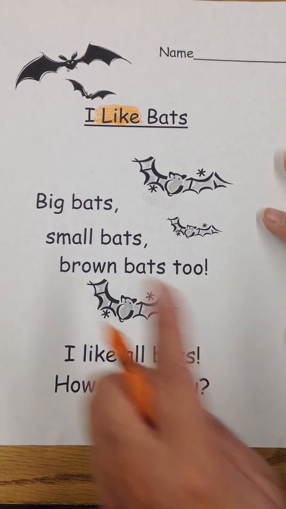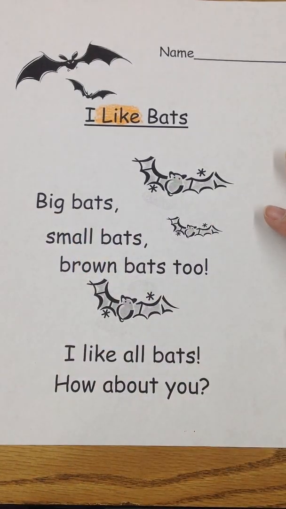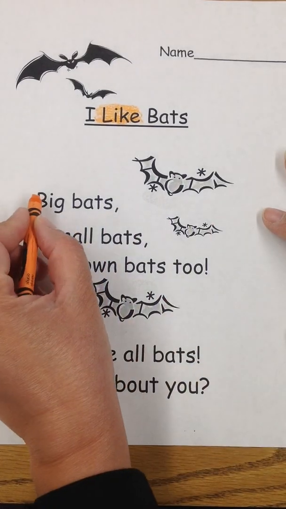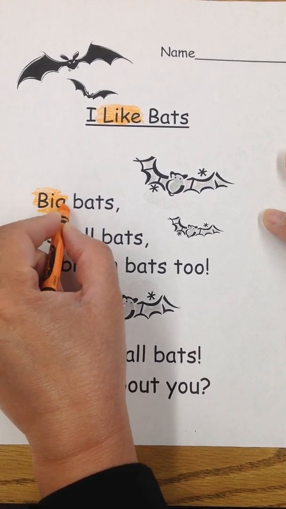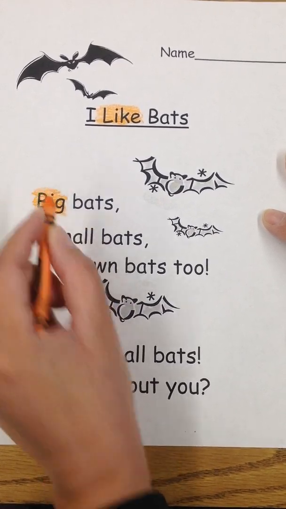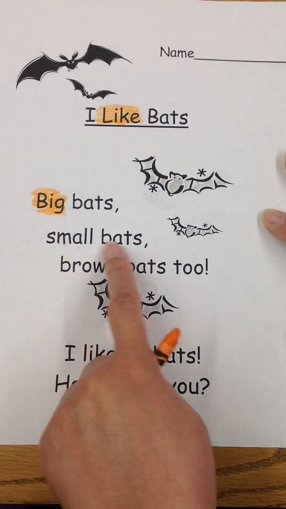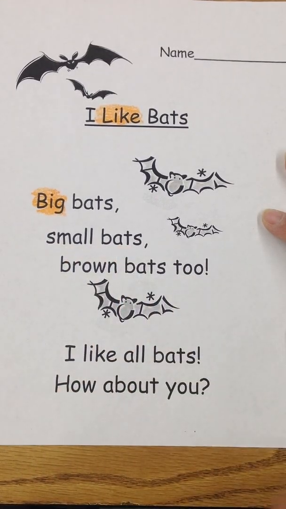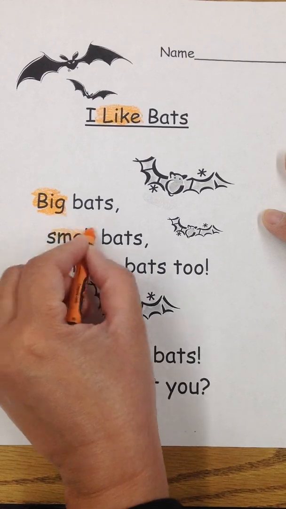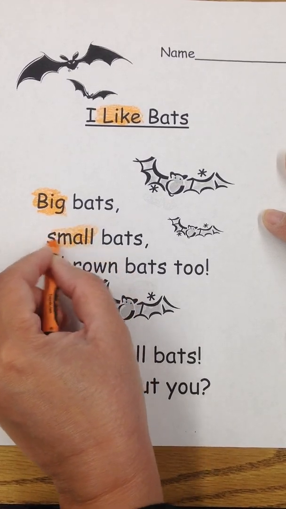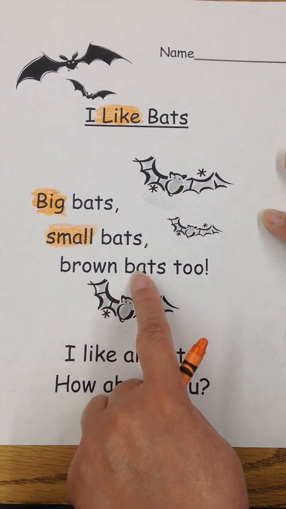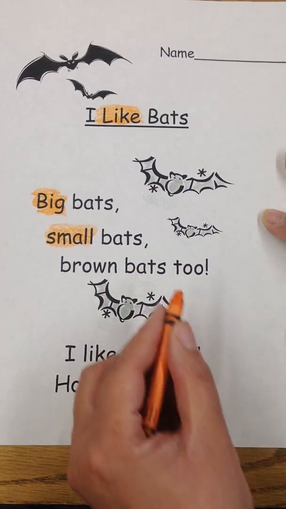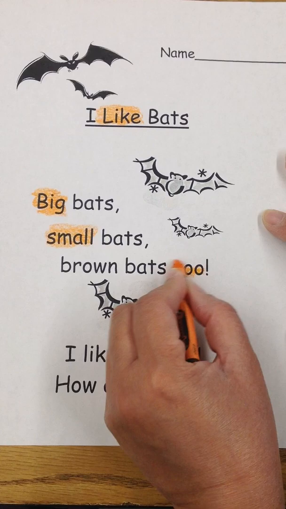Then we have big bats, and big's one of our sight words, so let's highlight big. Small bats, small is a sight word, let's highlight small. Brown bats too. Too is a sight word, let's highlight too. T-O-O.